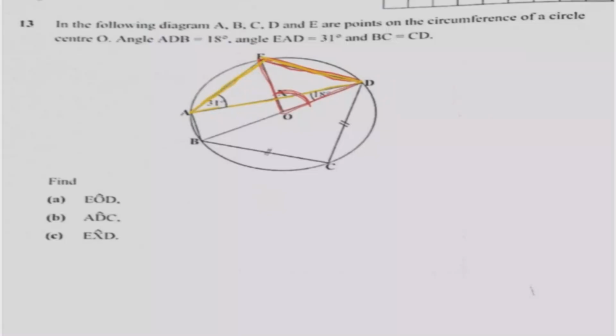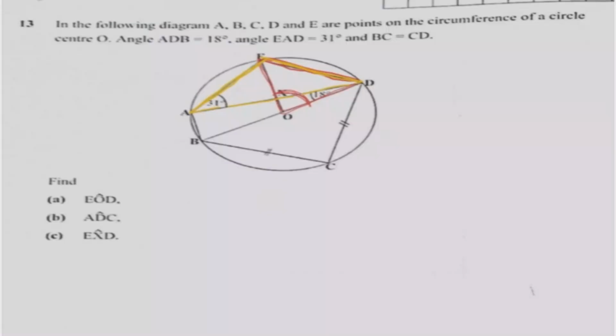The angle we want to find is at the center. So what property are we going to use? The property is that the angle at the center is twice bigger than the angle at the circumference.